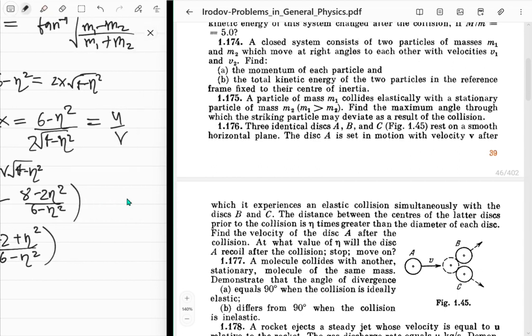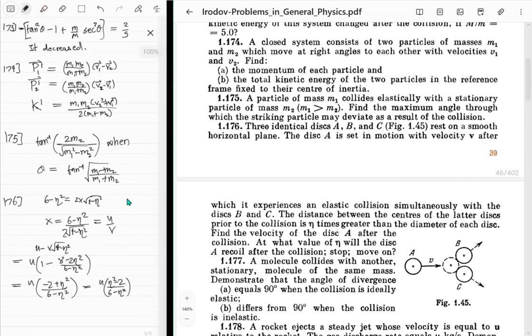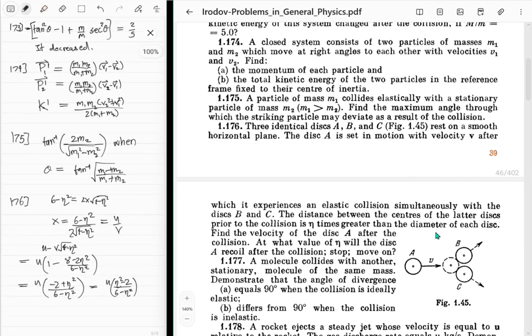So really it's going to be u times eta squared minus 2 upon 6 minus eta squared. This is the final velocity of A. Right, so at what values of eta will the disk A recoil after the collision, or stop, or move? Right, so it will be negative or 0 or positive. You get the idea. Right, let's solve.